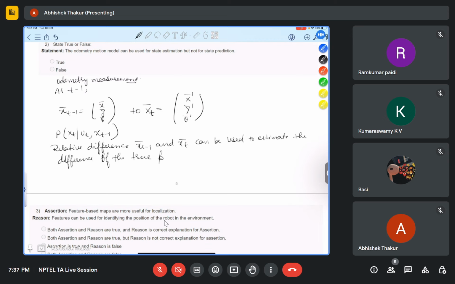What are the true poses? That is xt minus 1 and xt. Whatever difference is measured using the odometry, the same difference can be used to estimate the true pose difference between xt minus 1 and xt. So in this question, the option is true.